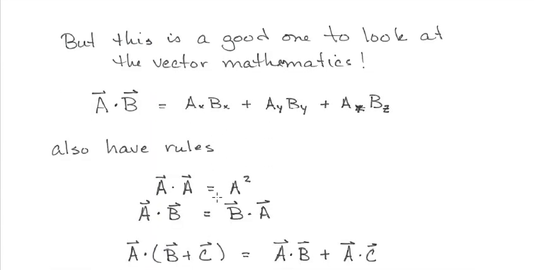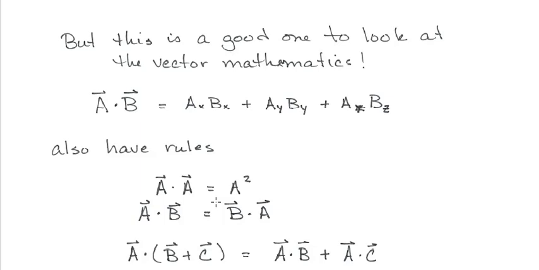If we look at our vector mathematics related to dot products, the dot product between any vector A and vector B is going to be a scalar, which is one of the reasons why we like using work and energy, because we don't have to deal with that vector notation anymore. So we have A_x times B_x plus A_y times B_y plus A_z times B_z for a three-dimensional vector, which is going to give us our resultant scalar product.